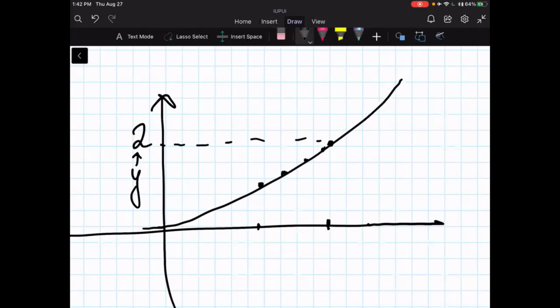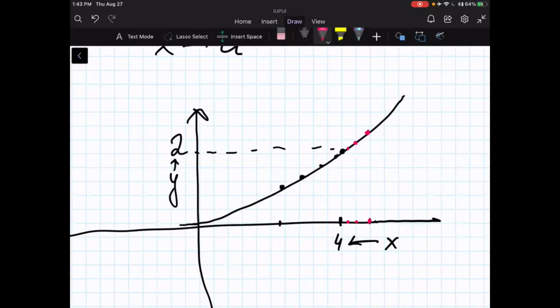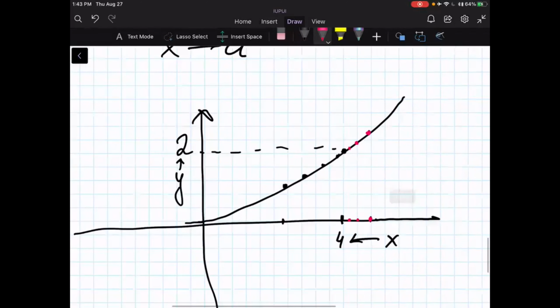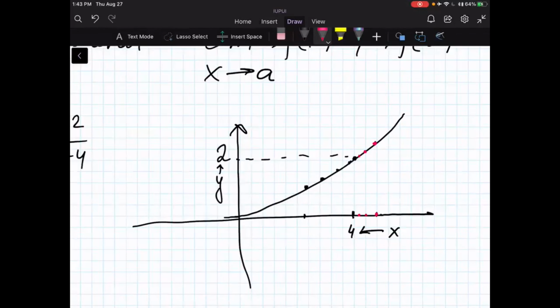If we look at the graph, then we did 4.1 somewhere here, and we calculated the value of our function, then we calculated 4.01, which is somewhere here, then 4.001, which is somewhere here, and so on, and see what happens with the value. So what I wanted to say is that you can also find the limit by looking at the graph.